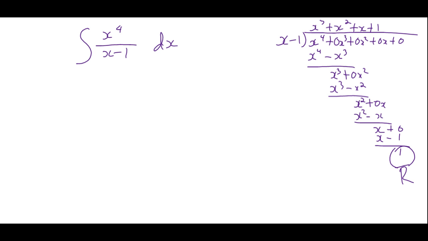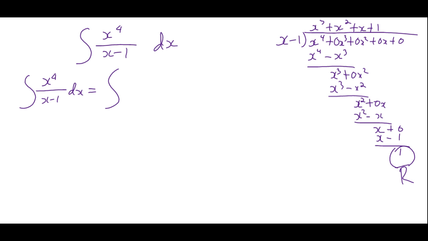R for remainder. So, what do we write? So that's equal to the integral of, okay, this is your S of x, right? What do you call the thing after you divide the divisor, it's like a quotient, right?